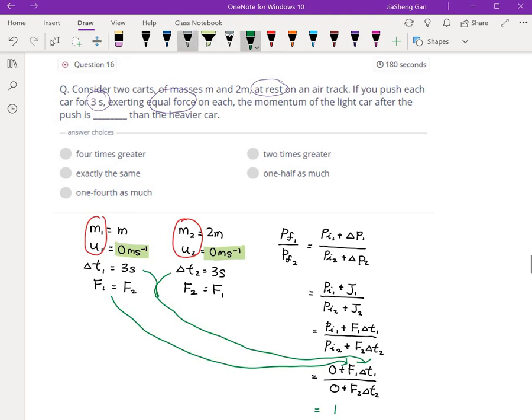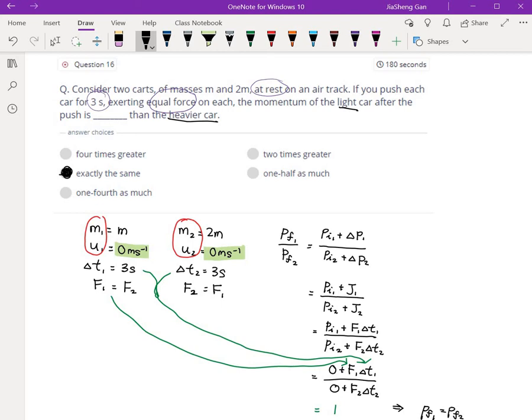Knowing these two things, we can safely say that they are equal to 1. If we know that, we can say that PF1 equals PF2. Therefore, the final momentum of the light car and the final momentum of the heavier car are exactly the same. Okay, so this is how you solve a ratio problem. You do it by setting a case 1 and case 2 and listing down all the variables.